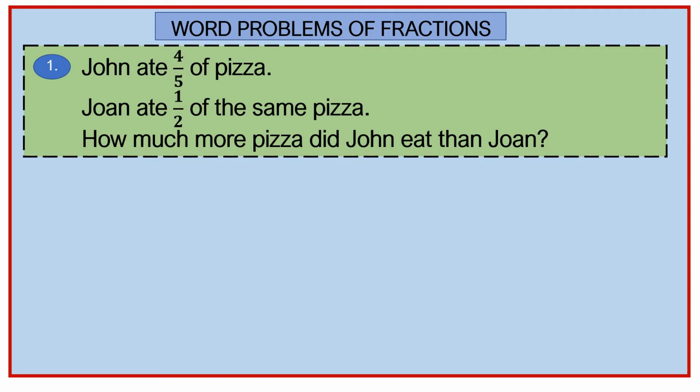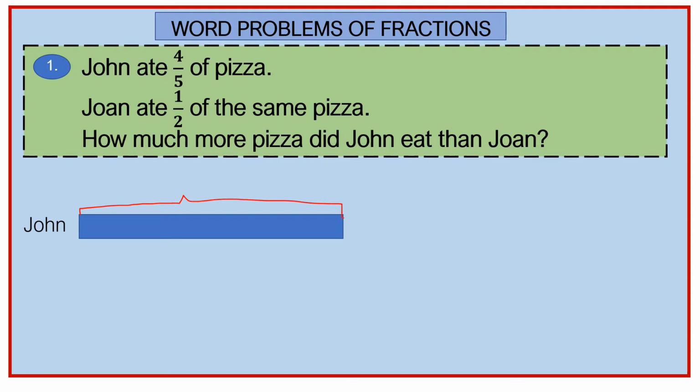So we can say that actually John ate 4 out of 5. So this means that this is 4 out of 5. Then Mary ate a half, 1 out of 2.